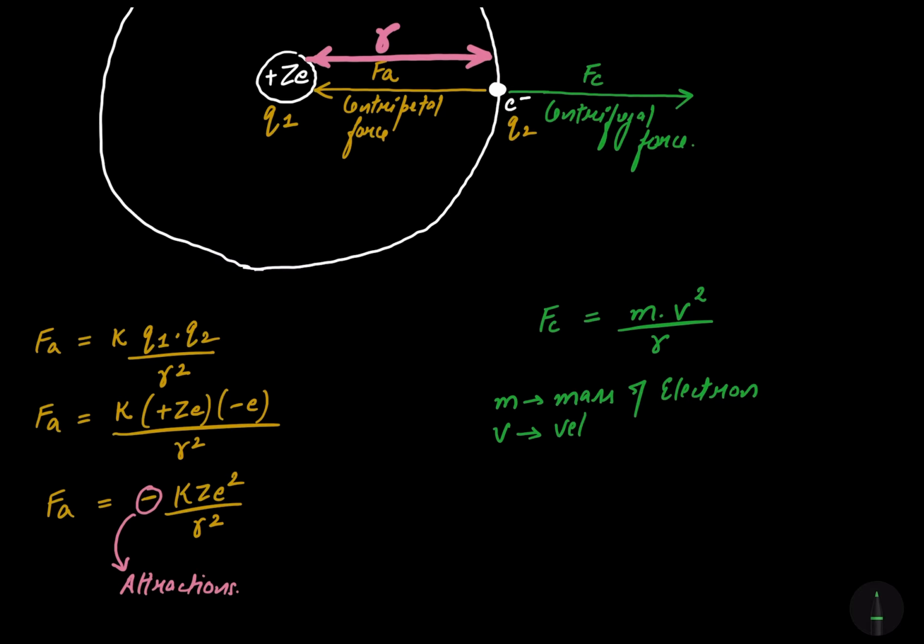It's the velocity of electron. What is small r?